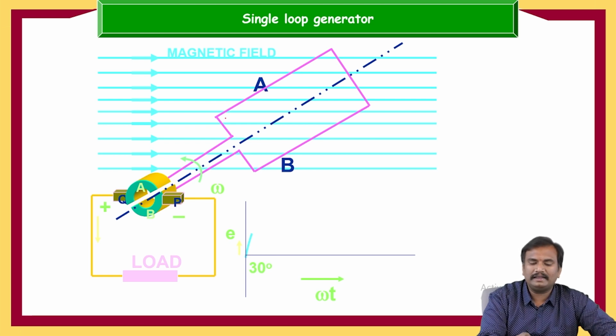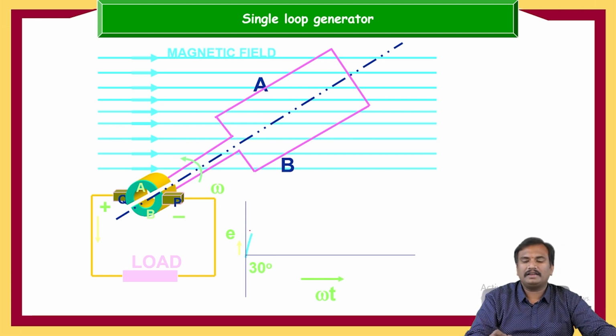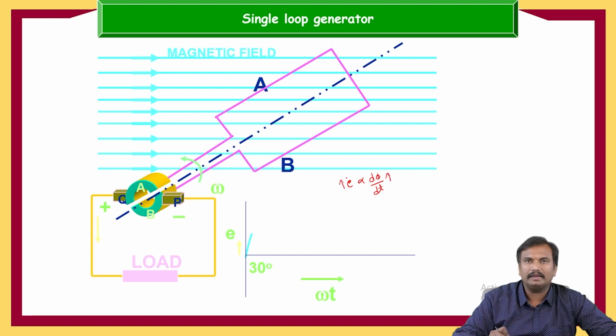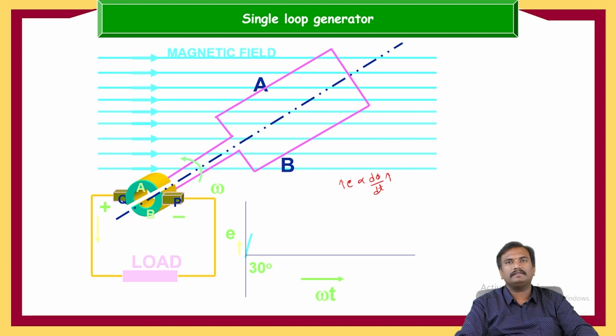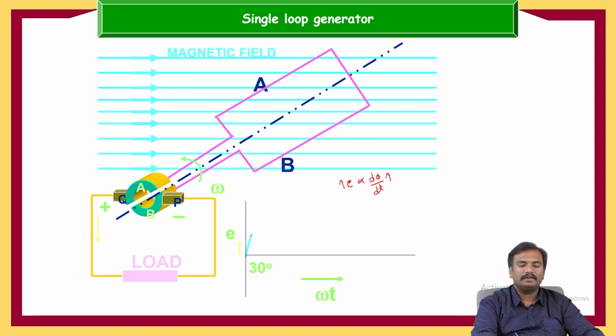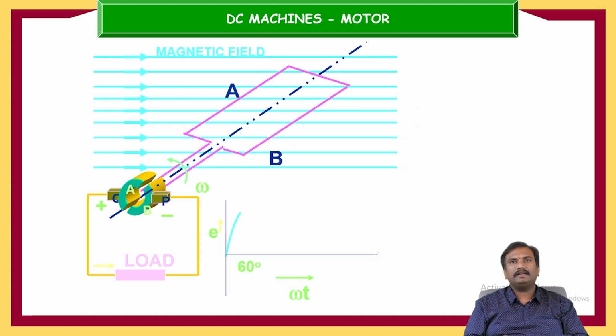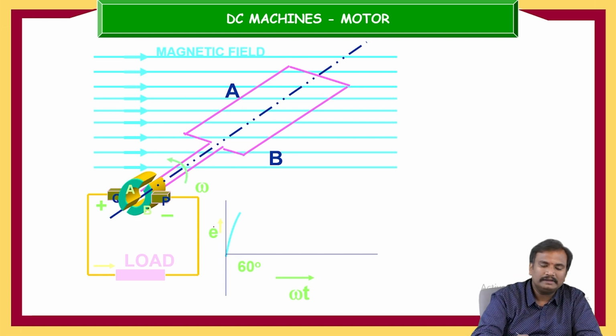When the flux cutting increases, E being proportional to d phi by dt, the voltage will increase. Here the voltage is increased. And if it rotates another 30 degrees, that is at the 60 degrees position, the voltage will still increase.